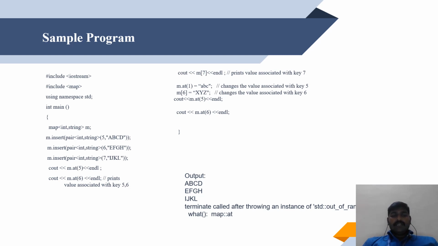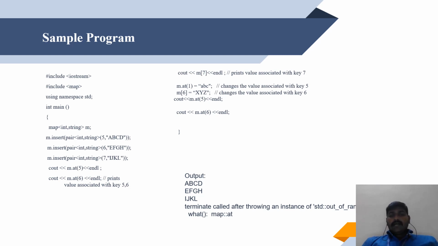So just call m dot at position 5. We are just providing the key. Okay, so this is the key actually. The element which is provided with key 5 will be printed out. Similarly, it's done for all the things.